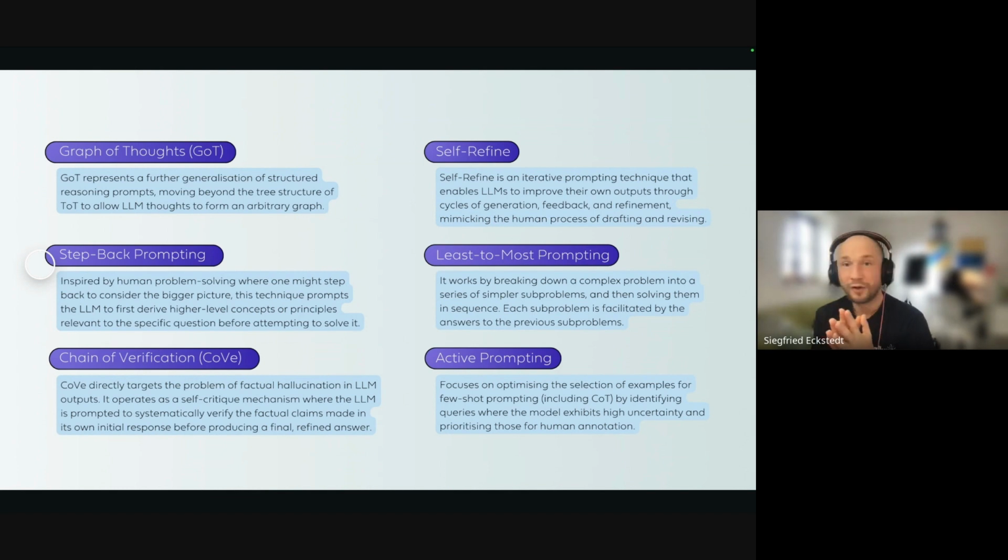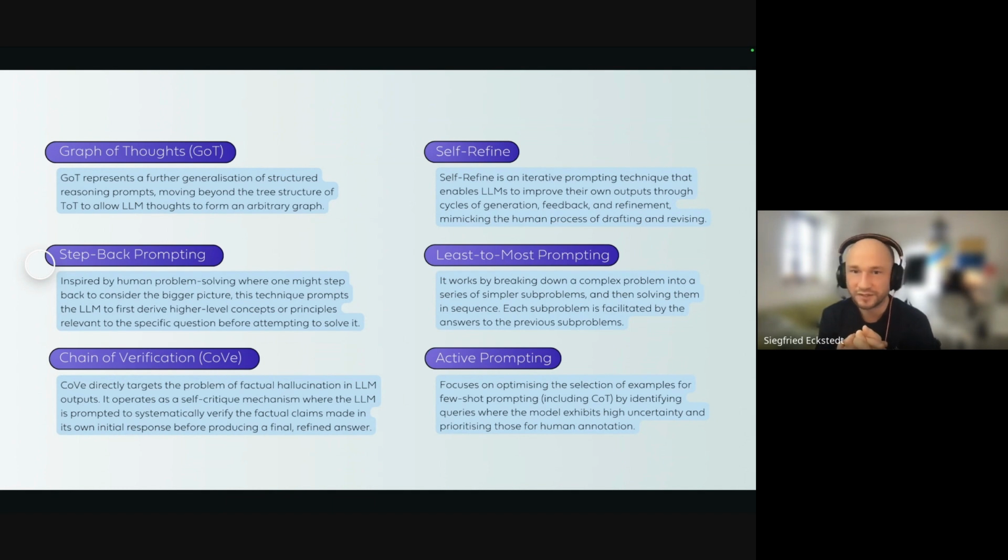And least to most prompting, we had that earlier as well, as breaking down complex problems into a series of smaller sub-problems and then go each sub-problem at a time. I think this is similar to how we would break down big tasks and then just ask the model to do one by one. We covered that in the basics in the first session as well.